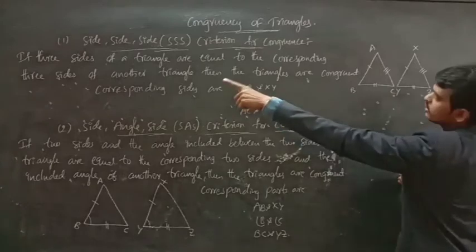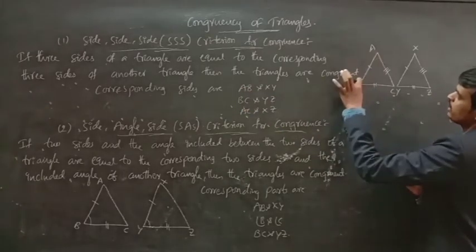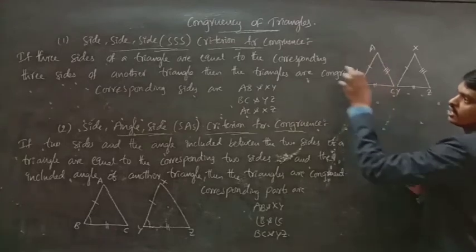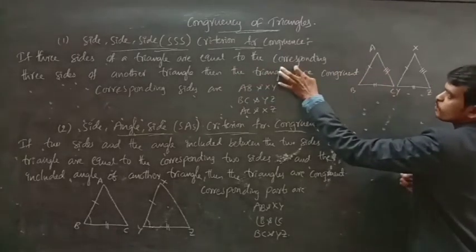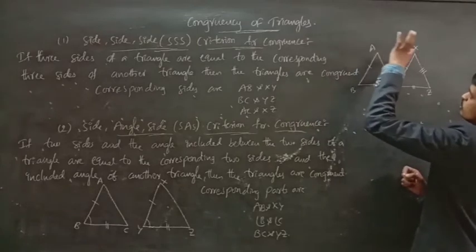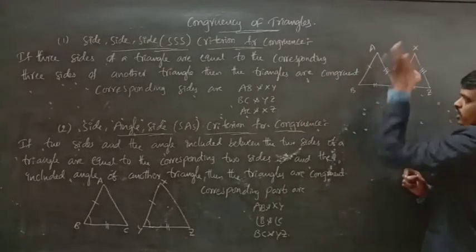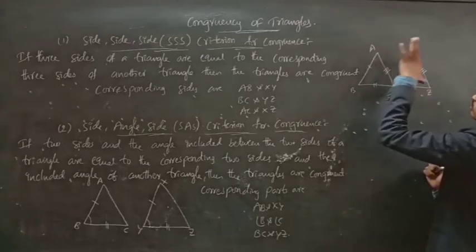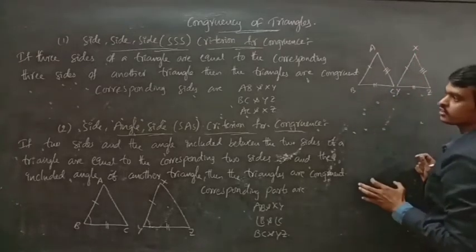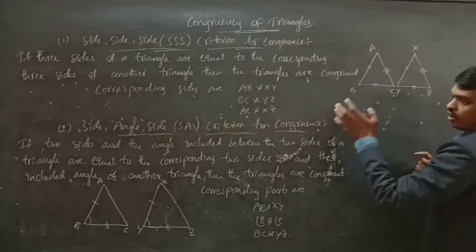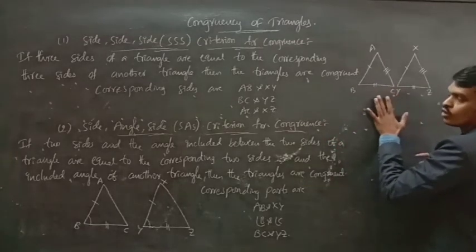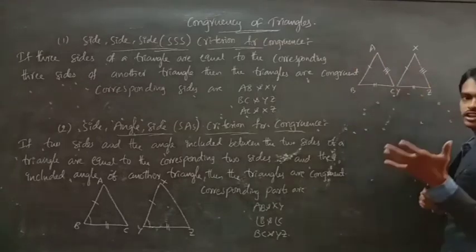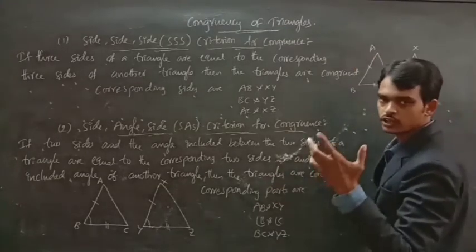If 3 sides AB, BC and AC are equal to the corresponding sides, AB equal to XY, BC equal to YZ, and AC equal to XZ, then these two triangles are congruent according to the side criterion of congruency rule.